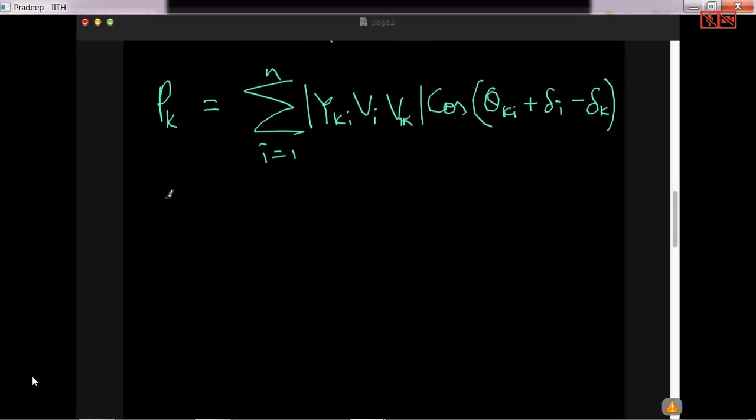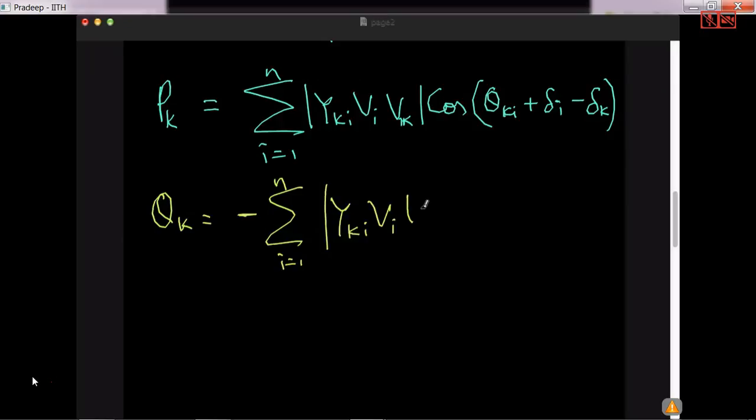What about Qk? I'll have the minus sign, then summation i equal to 1 to n Yki Vi Vk magnitudes, then sine of theta ki plus delta i minus delta k. So this is the equation for Qk.